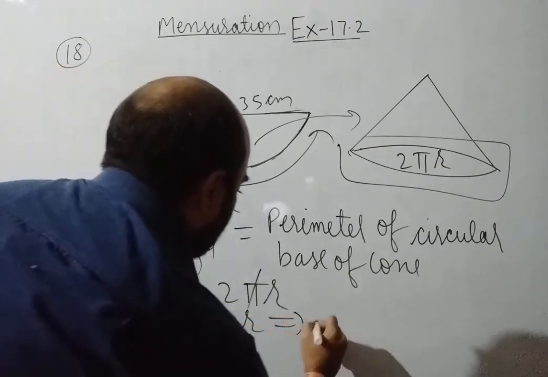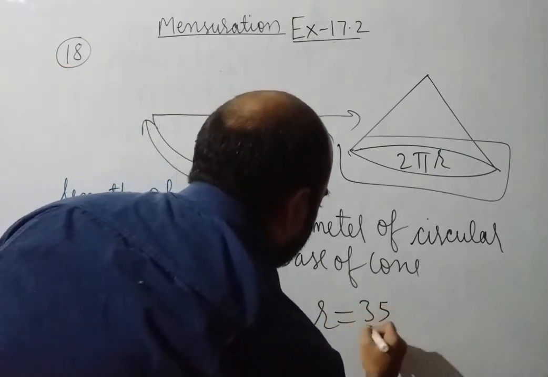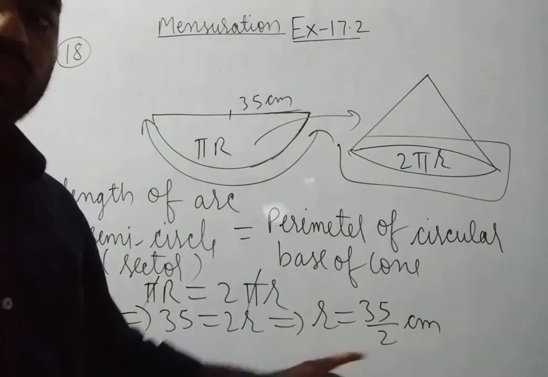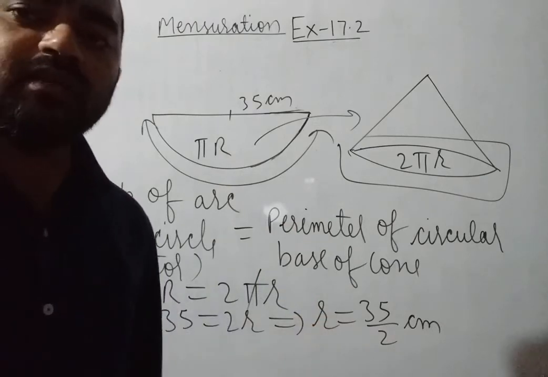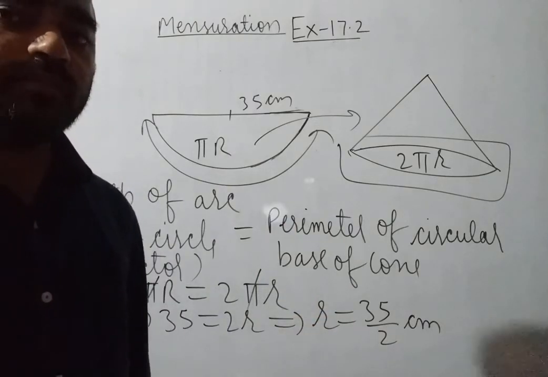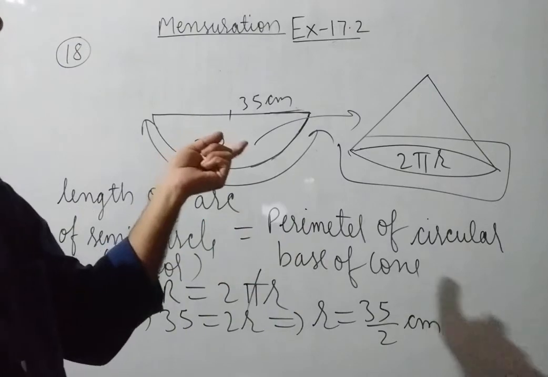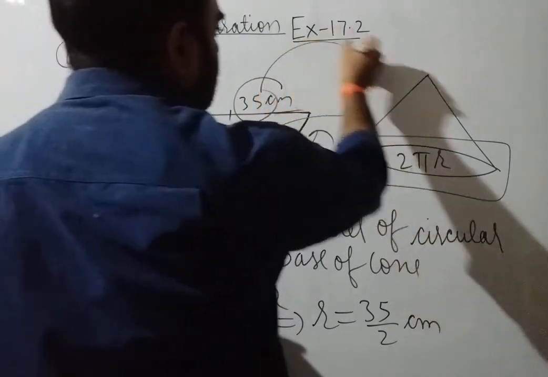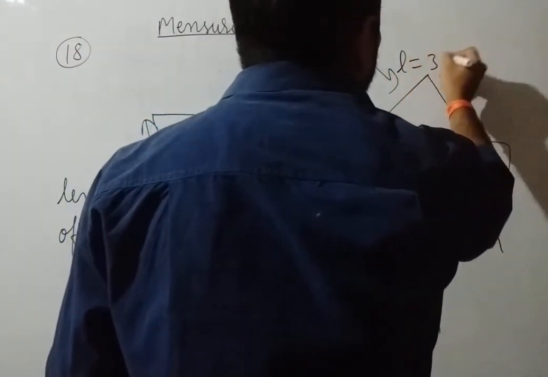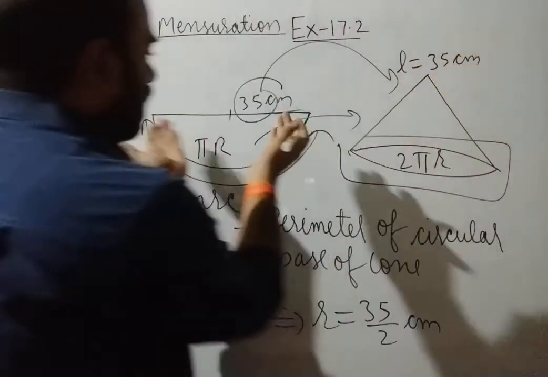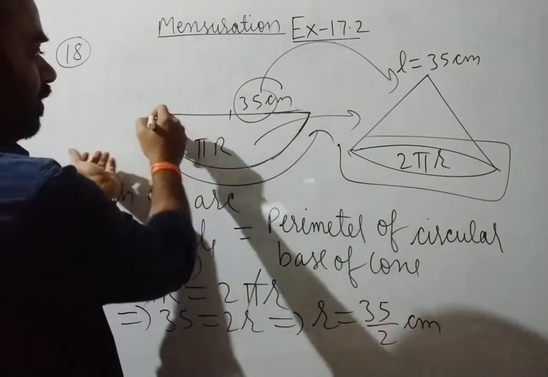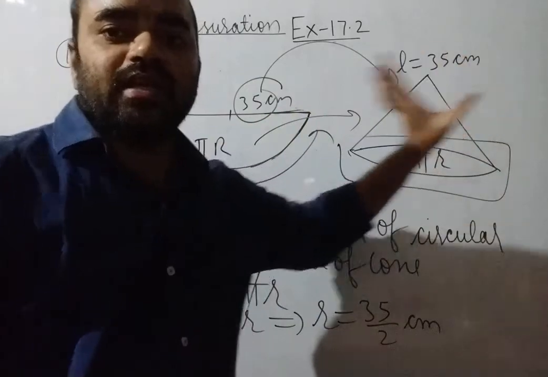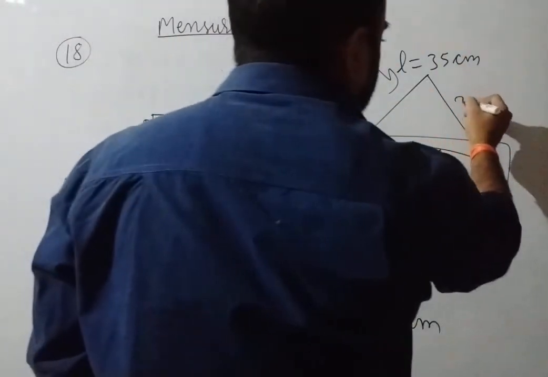So we can find small r, that is 35 by 2 centimeter. Now we have to find the slant height. This radius will become the slant height. It means l will be 35. Why? When you fold this to make a cone, this radius will become the slant height.